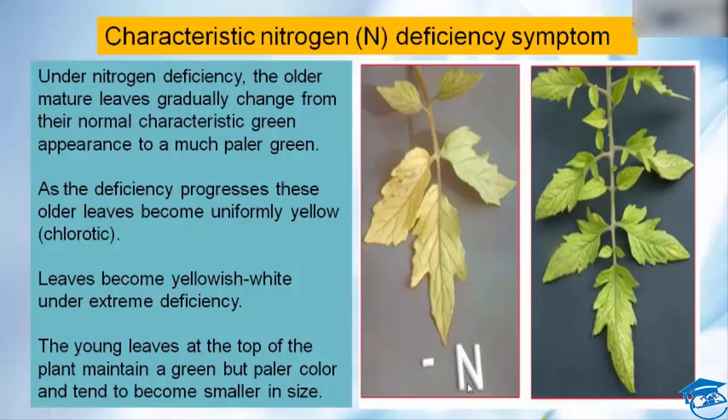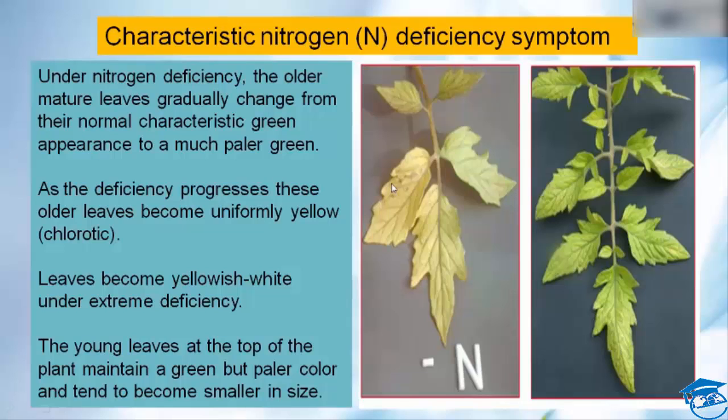See, this is pale green color and this is the leaf which has sufficient nitrogen. This is your normal leaf which is green in color, but this is the leaf which has deficiency of nitrogen. So this is pale green in color.